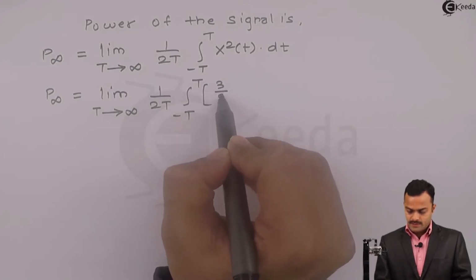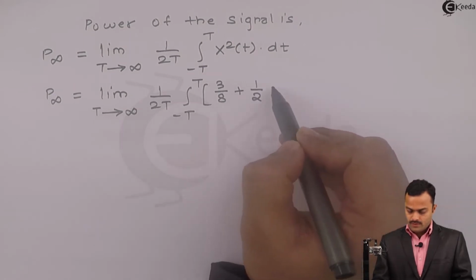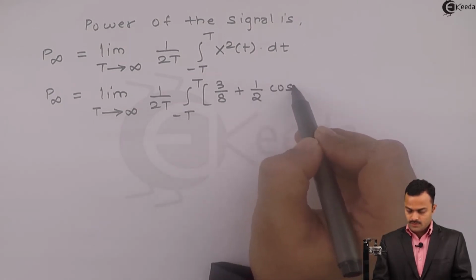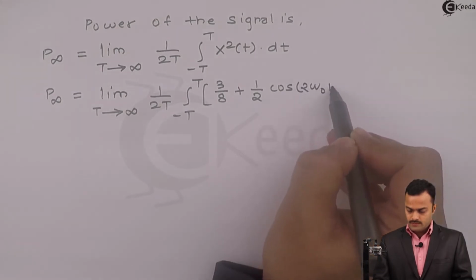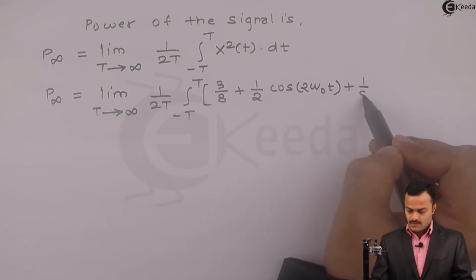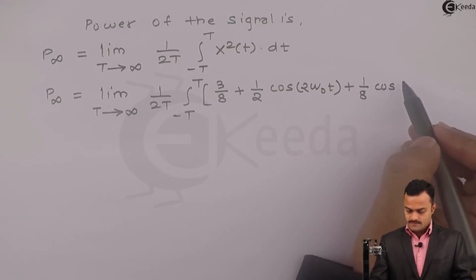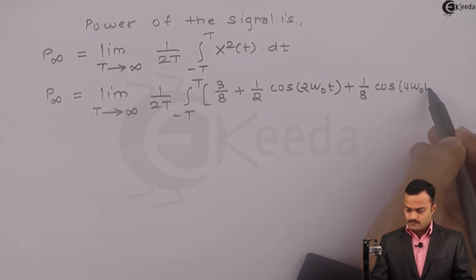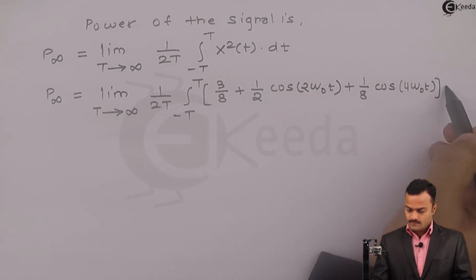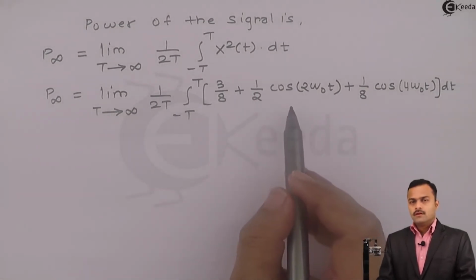So it is 3 by 8 plus 1 by 2 cos 2 omega 0 t plus 1 by 8 cos 4 omega 0 t dt.